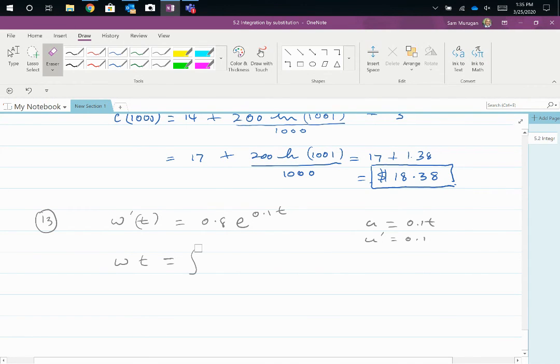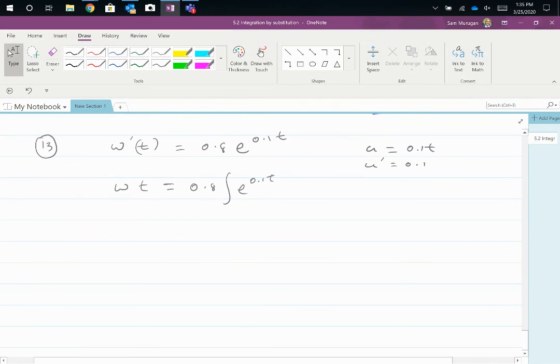Well, let's take out that 0.8 right now to make things a little easier. 0.8 integral of e to the power 0.1 t dt. But now we need to input this u prime here because we have e to the power u here.